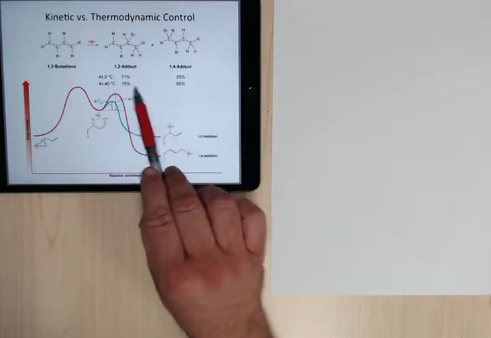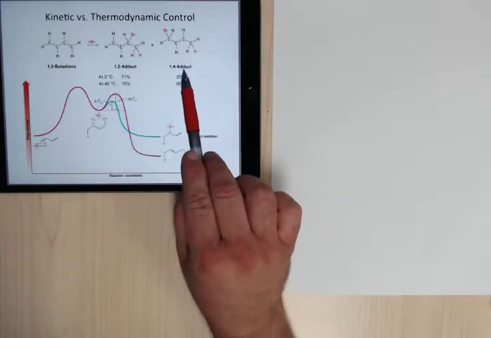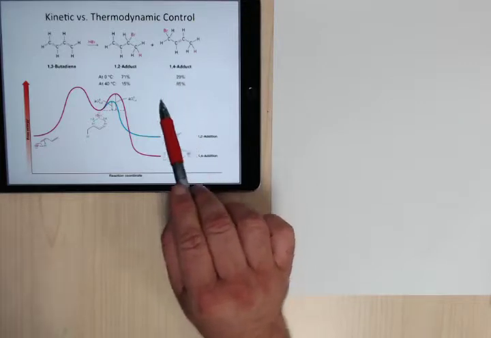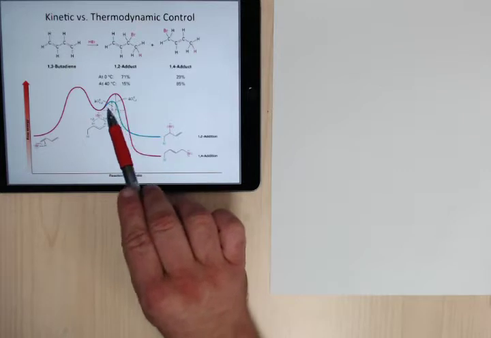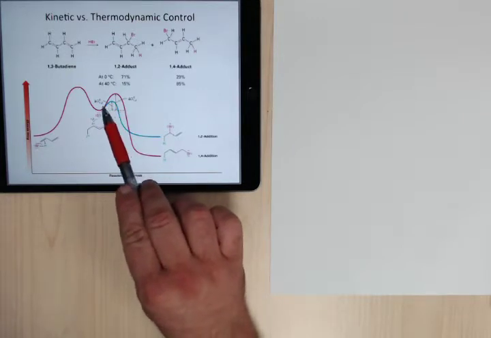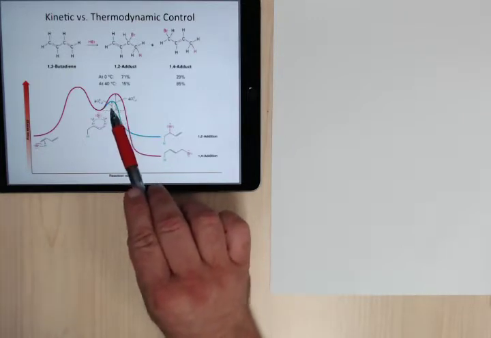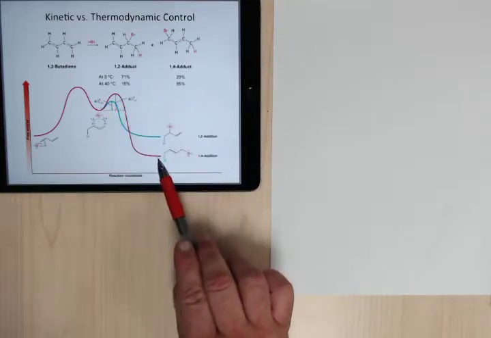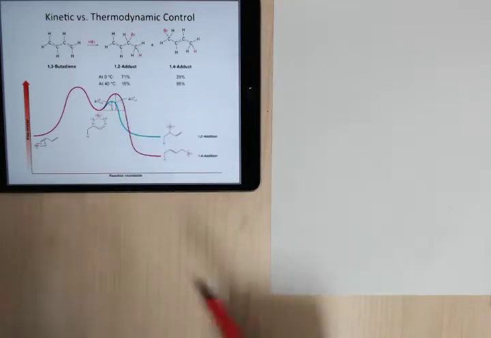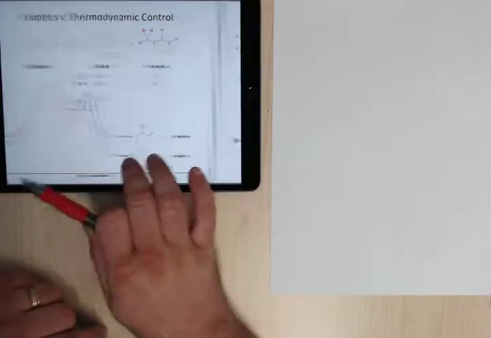Under high temperature conditions, the thermodynamically better product is favored, because under cold conditions you go over the smaller activation energy, while under higher temperatures you're going to want to get to the lower energy end. So that's all this is.